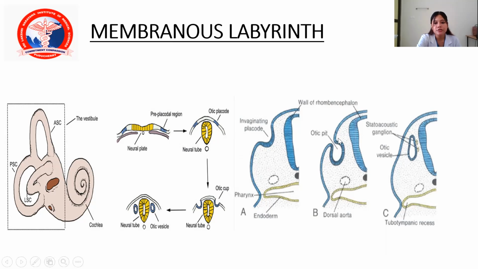Now the two ends of the otic pit fuse together and get detached from the surface ectoderm. As a result, it forms the otic vesicle, which is also called the otocyst. This otic vesicle is surrounded by the mesenchyme.